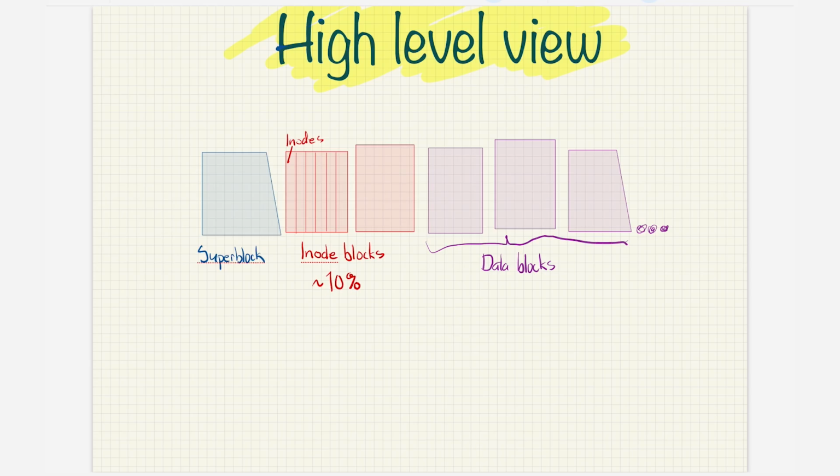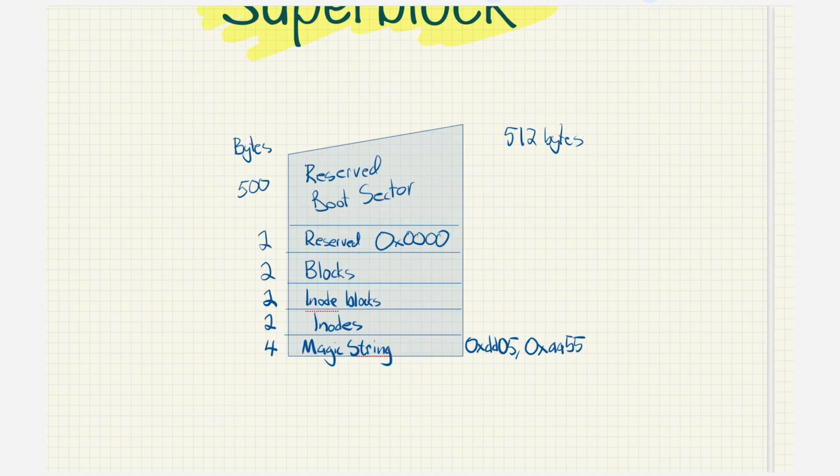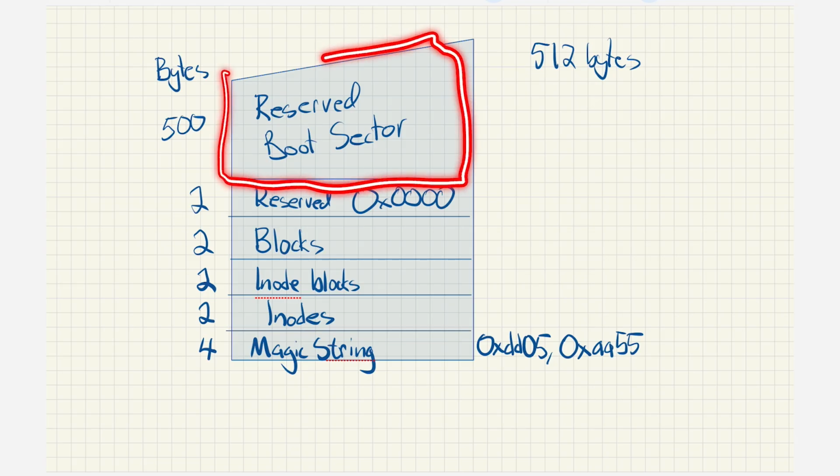And then the rest is regular data blocks containing the file contents. So then we have the superblock, which the first 500 bytes are reserved for the boot sector.